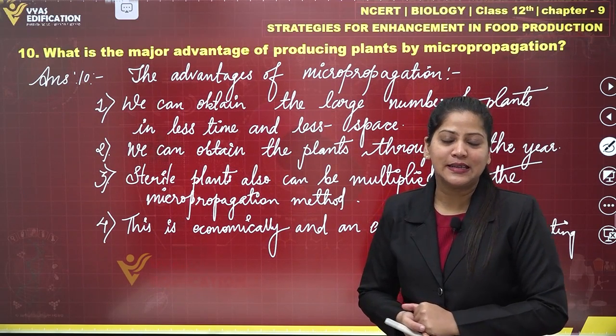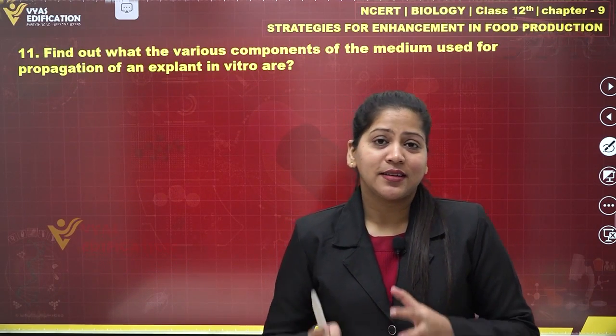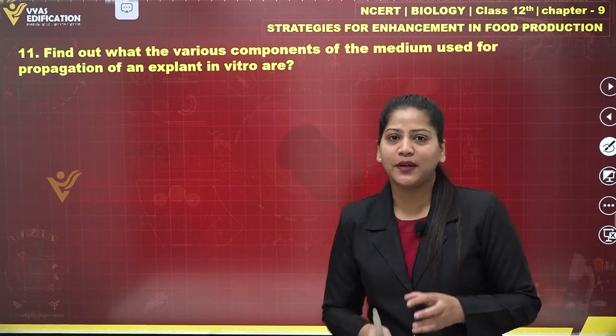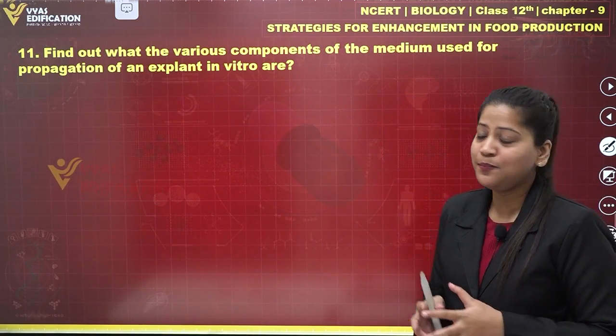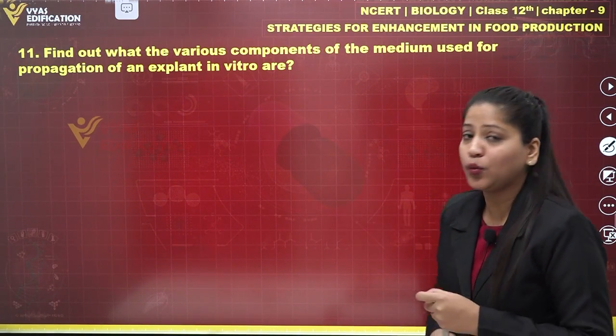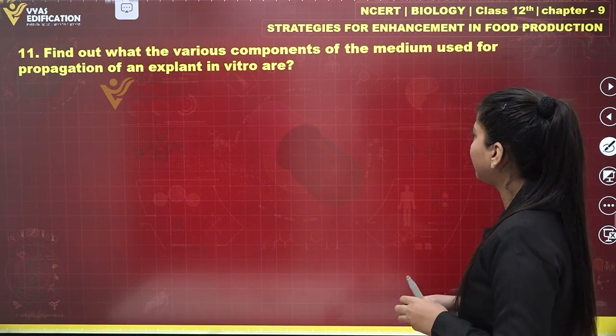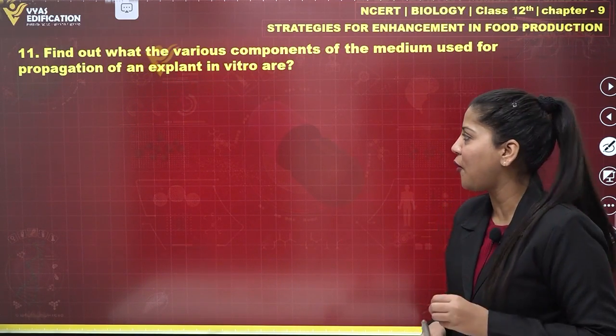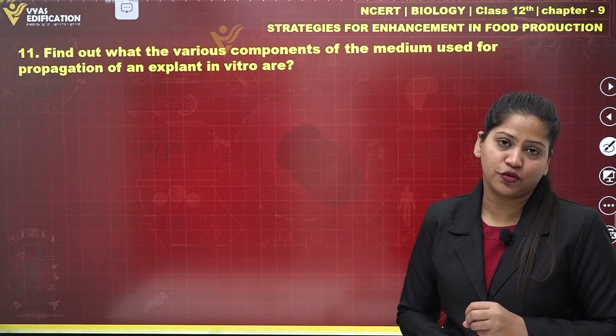of question number 10. Now let's talk about the second last question of this chapter, and this is question number 11. In this question we have to find out what are the various components of the medium used for propagation of X plant in vitro.